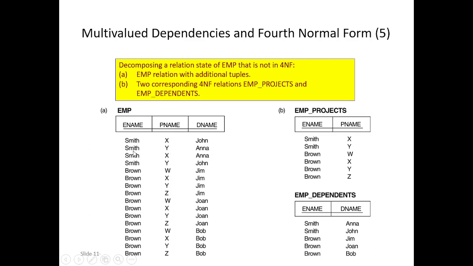Okay, so here 16 entries, which is reduced to 11 entries. And they both are in 4NF.